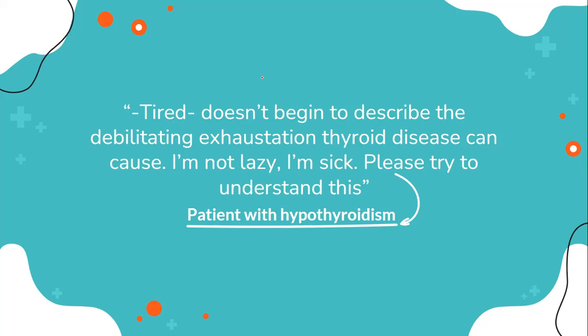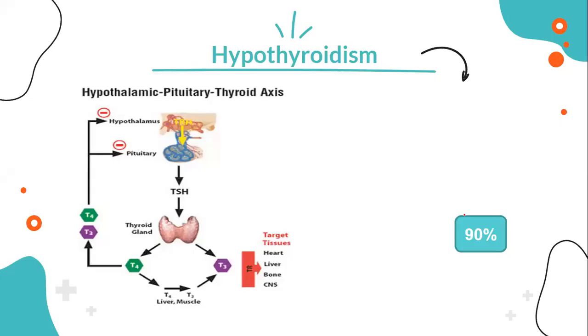Okay, thank you. So this describes the main clinical feature of a person who has this diagnosis, which is hypothyroidism. Most people with this diagnosis actually feel really tired most of the time, right? Okay.